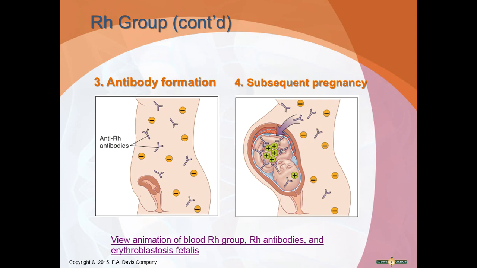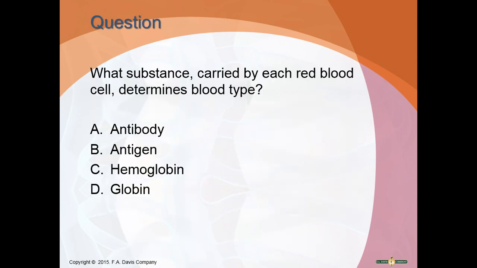The blood is not mixing, it's just that the antibodies can pass through, and they attack the fetal red blood cells. It causes agglutination and hemolysis, and the infant develops a severe anemia called erythroblastosis fetalis. So please view this animation of the blood Rh group, the Rh antibodies, and erythroblastosis fetalis. It'll be very good information for you, and it'll help you in the future when trying to understand this condition in infants.